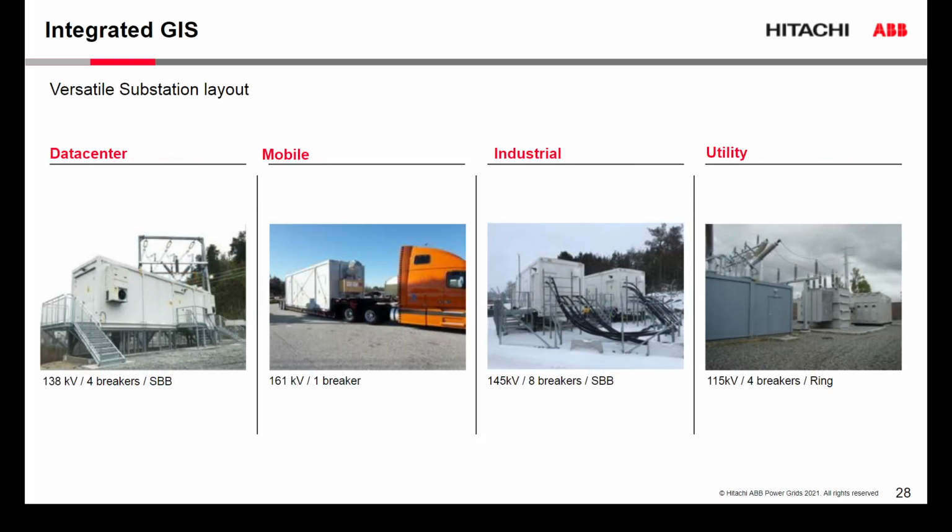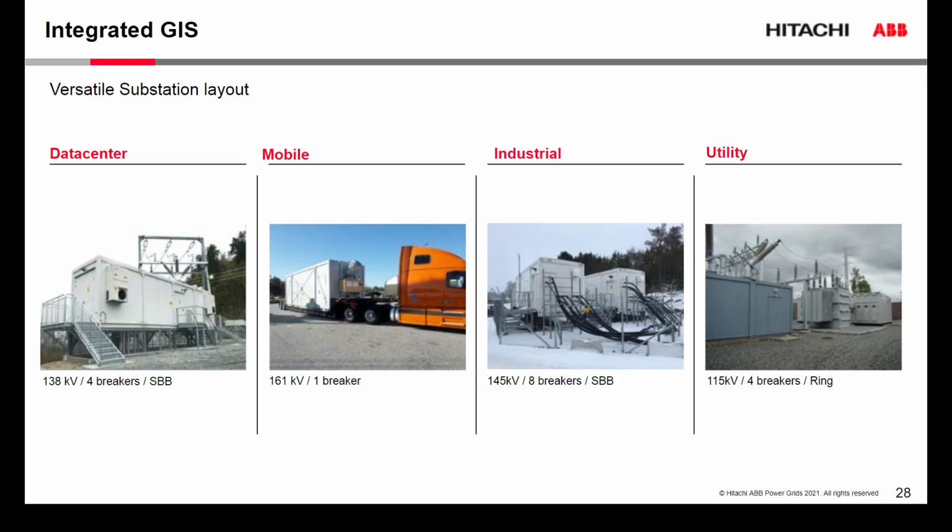Some possible variations: on the left side, for example, a data center, directly under the right of way for the data center, interconnecting that substation. We see a mobile substation where a truck is moving the substation from breaker position to breaker position during a refurbishment process.